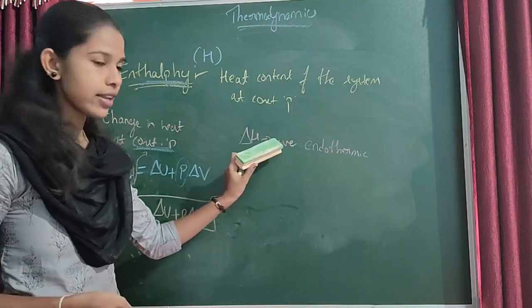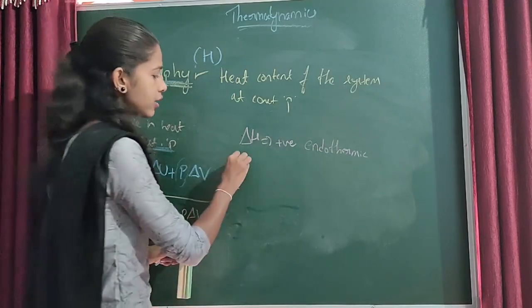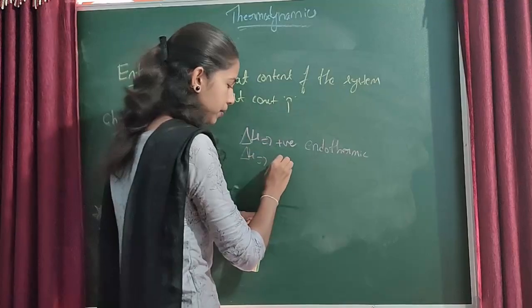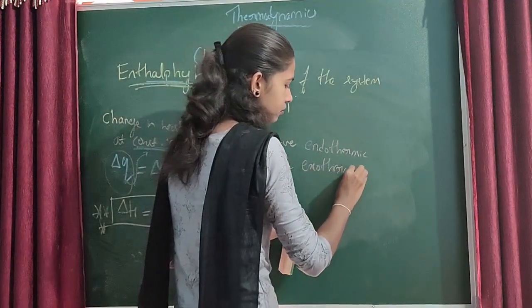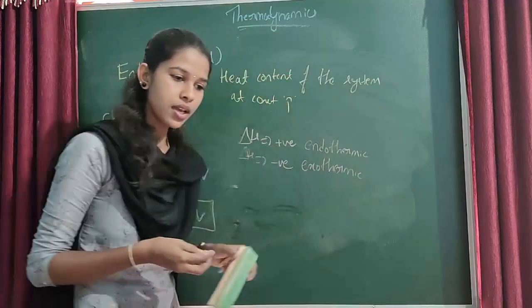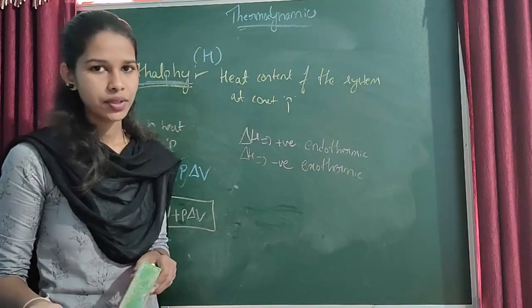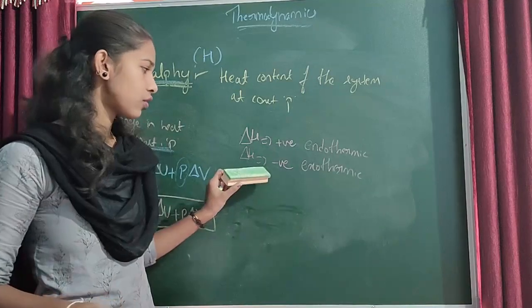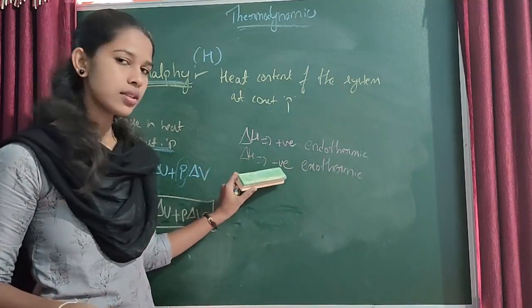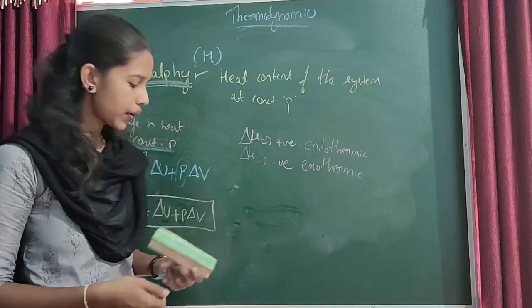For those, delta H is positive, and delta H is negative for exothermic reactions. Exothermic reactions means the heat is evolved from the system. During the reaction, the heat is liberated. For those reactions, delta H is taken as negative.